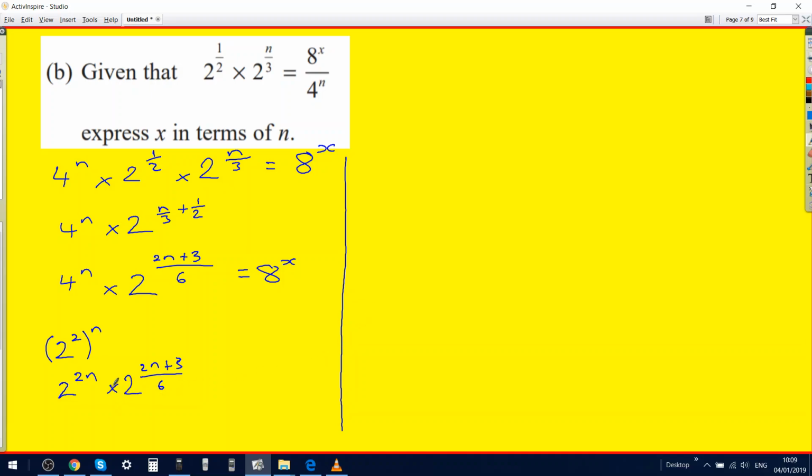What's the rule for multiplying indices? How did you do it up here?